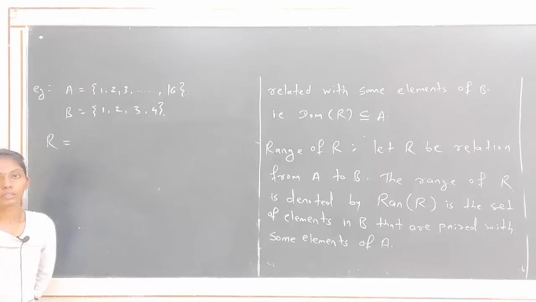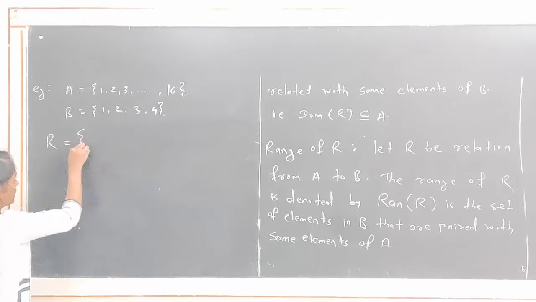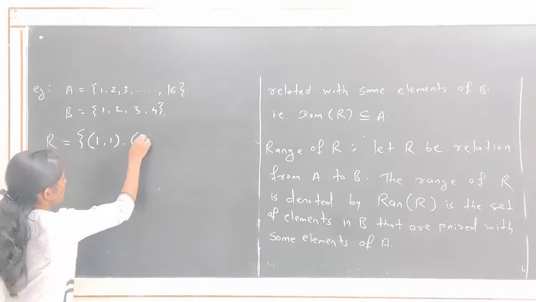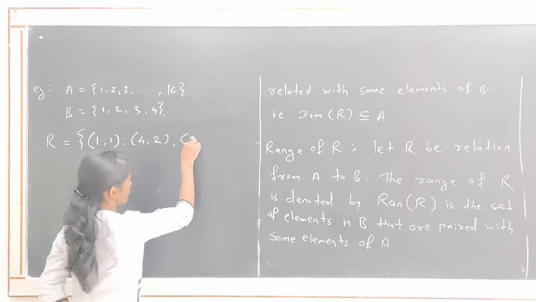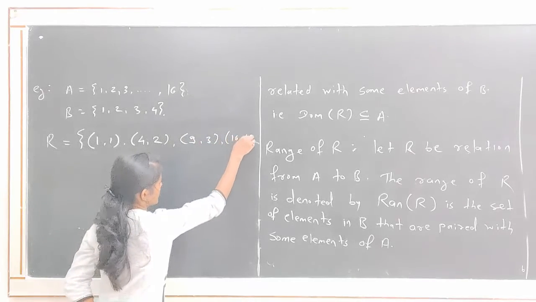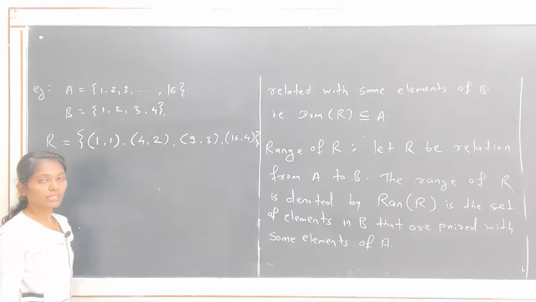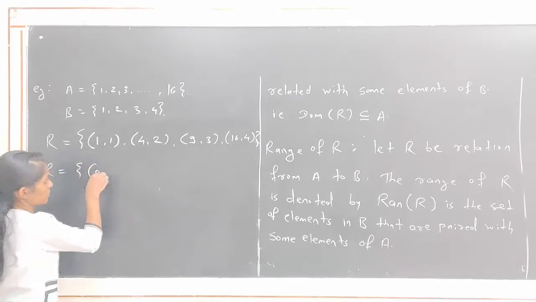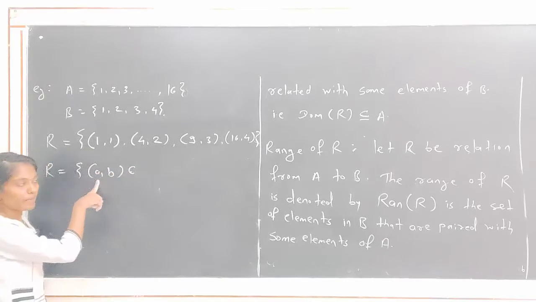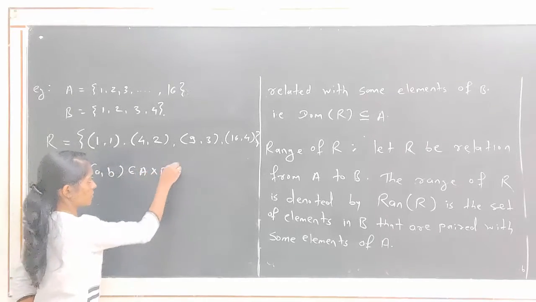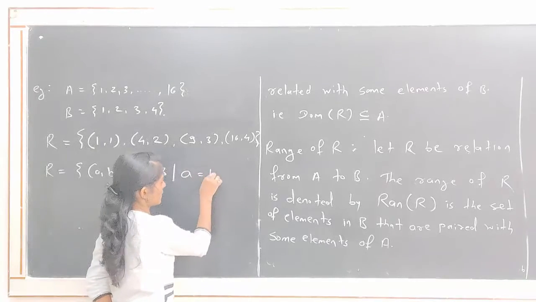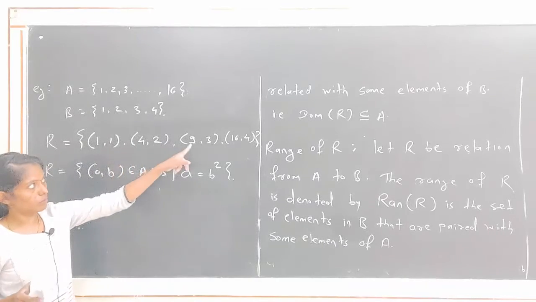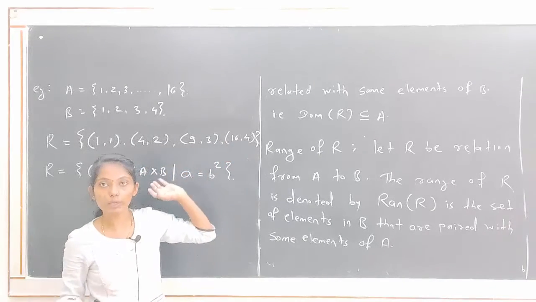Defined relation R from A to B is (1, 1), (4, 2), (9, 3) and (16, 4). Okay, so this is the set. So here R contains the ordered pairs (a, b) belonging to A cross B such that a is equal to b square. 1 is square of 1, 4 is square of 2, 9 is square of 3 and 16 is square of 4.